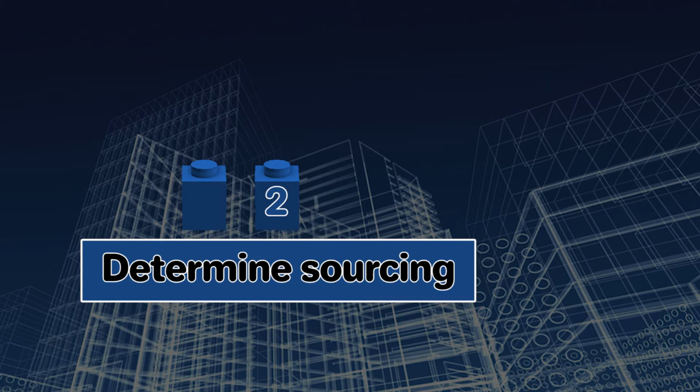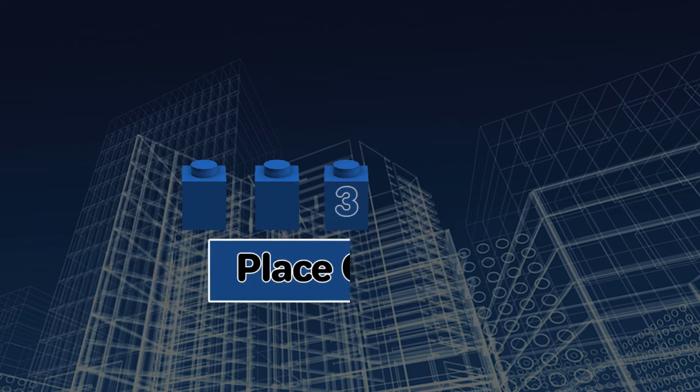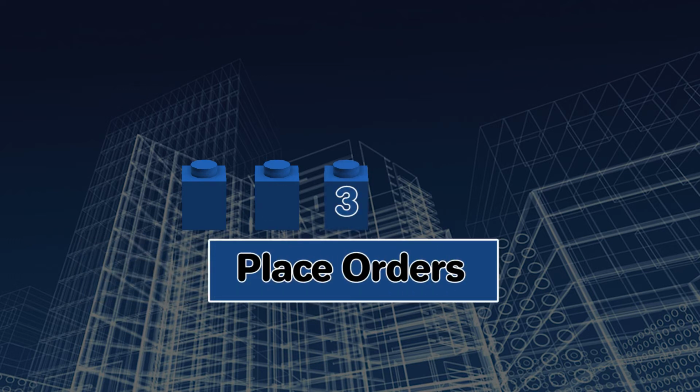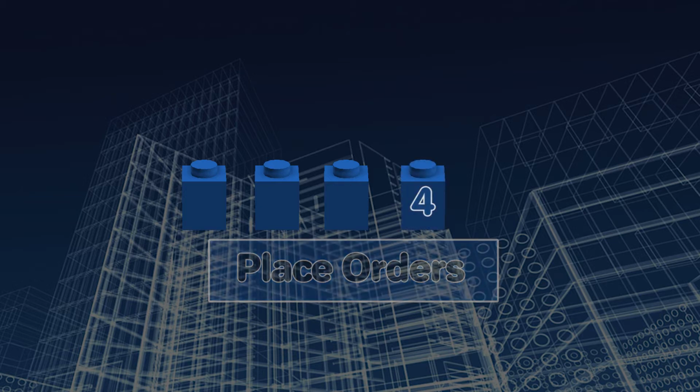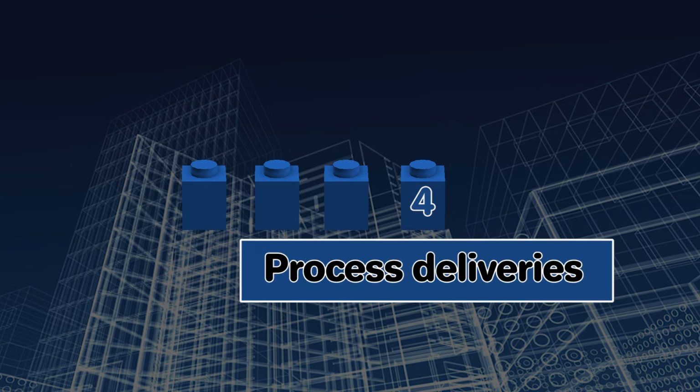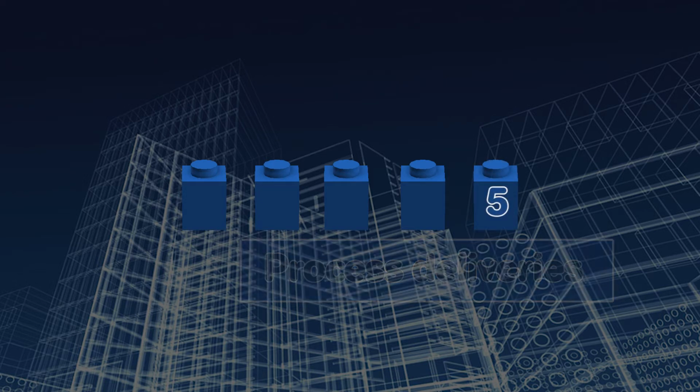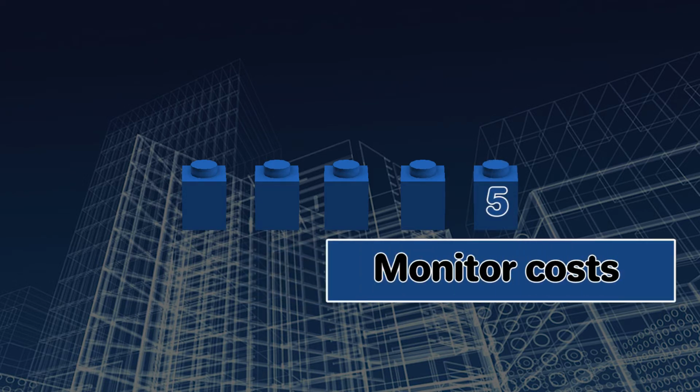Number 3 is order the parts, so split it into different orders and execute those orders. Number 4 is check the deliveries, check and inventorize the parts that have arrived. And number 5 is monitor the costs, which tells me how much it's all costing me.